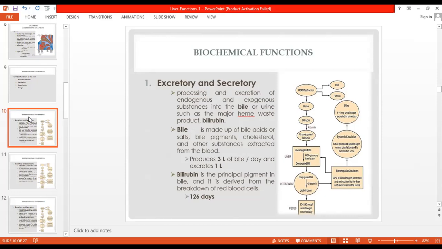Bilirubin is the principal pigment in bile, and it is derived from the breakdown of red blood cells. Approximately 126 days after the emergence from the reticuloendothelial tissue, red blood cells are phagocytized and hemoglobin is released.